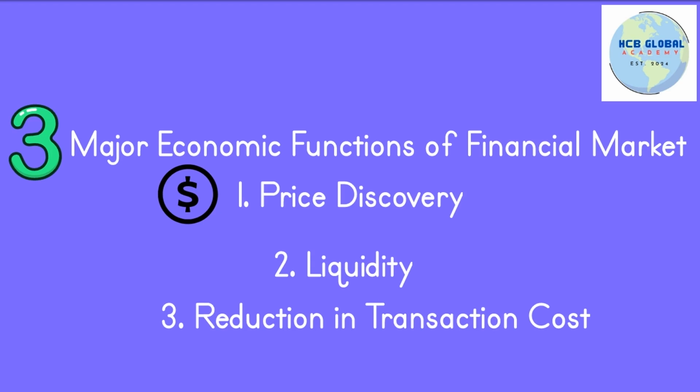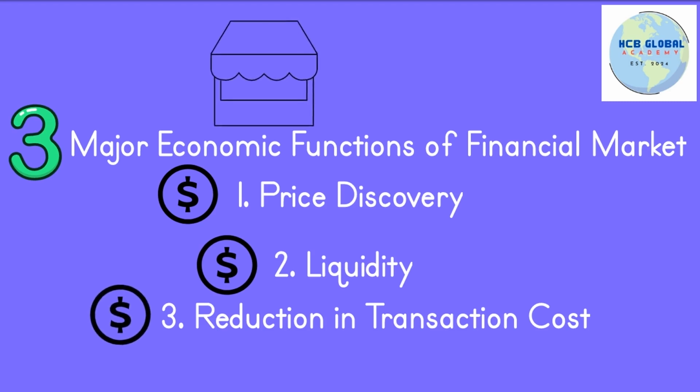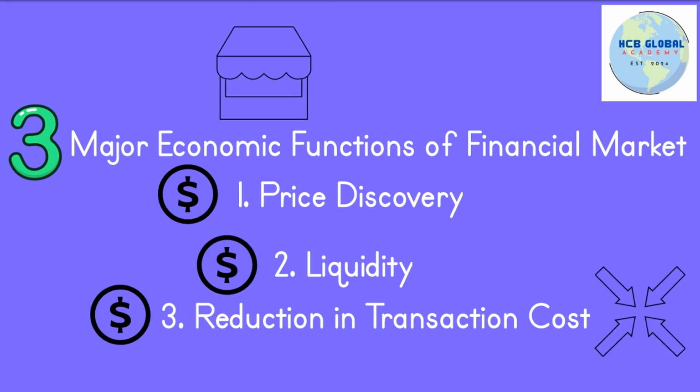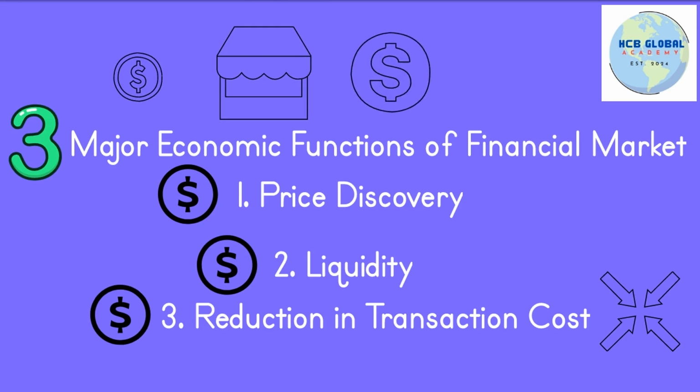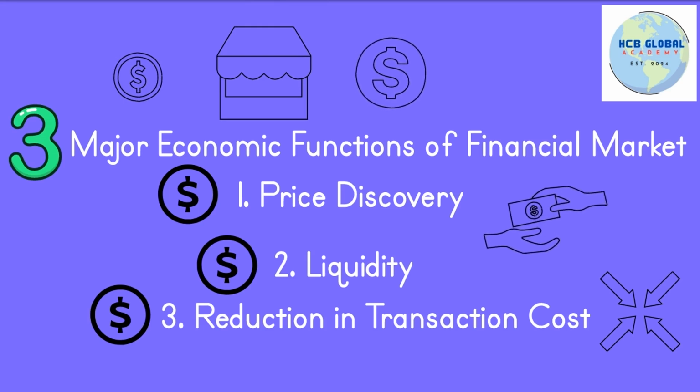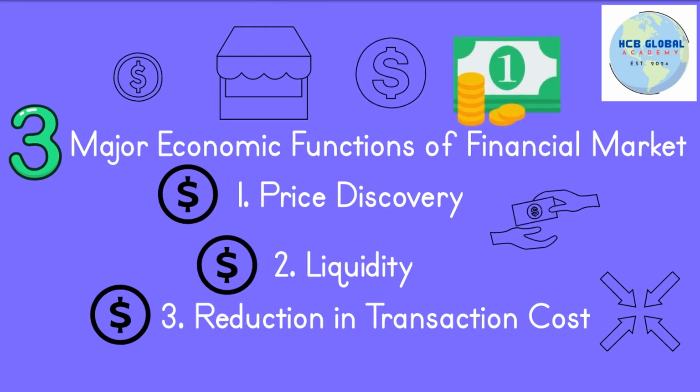Liquidity enables easy conversion of instruments to cash, crucial for investors' needs. Reduction in transaction costs, including search and information costs, is vital for efficient markets where prices accurately reflect gathered information, minimizing costs. These functions collectively contribute to resource allocation, risk management, and economic growth.